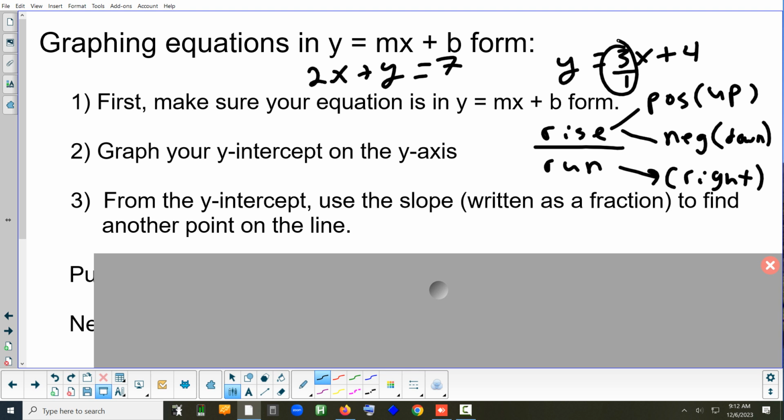So that means the rise is 3. So we're going to go up 3, and we're going to go right 1. So up 3 and right 1. But where are we going to do that from? What do the directions for step 3 say?